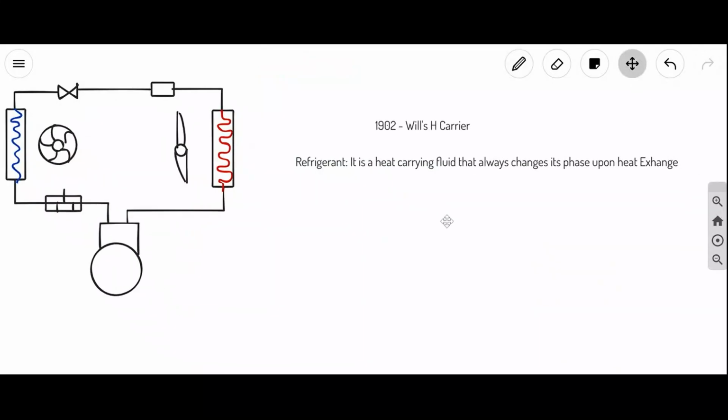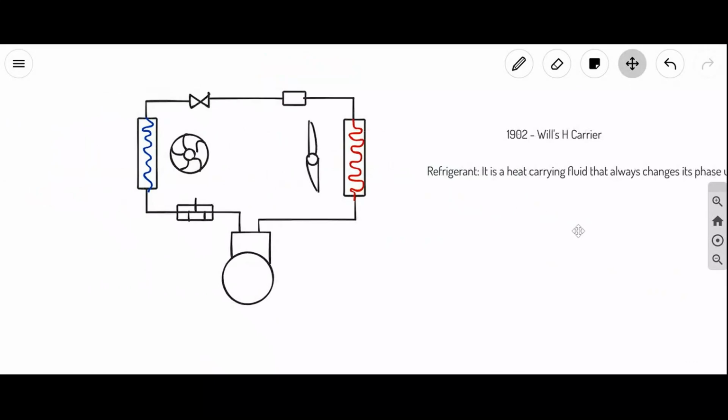That is the refrigerant. Refrigerant always carries heat, a heat carrying fluid. Refrigerant may be in liquid state or gaseous state, maybe a combination of both. That is the reason it is called a fluid. As this refrigerant is circulating in this cycle, what is a cycle? A cycle is the repetition of functions where the starting and ending point meet at the same place.